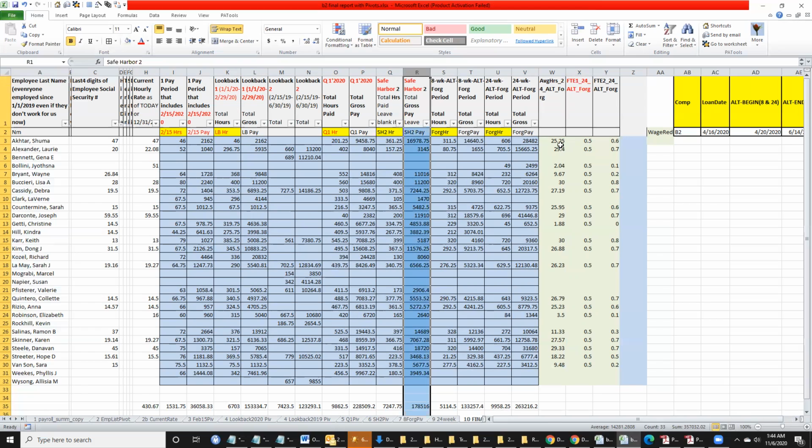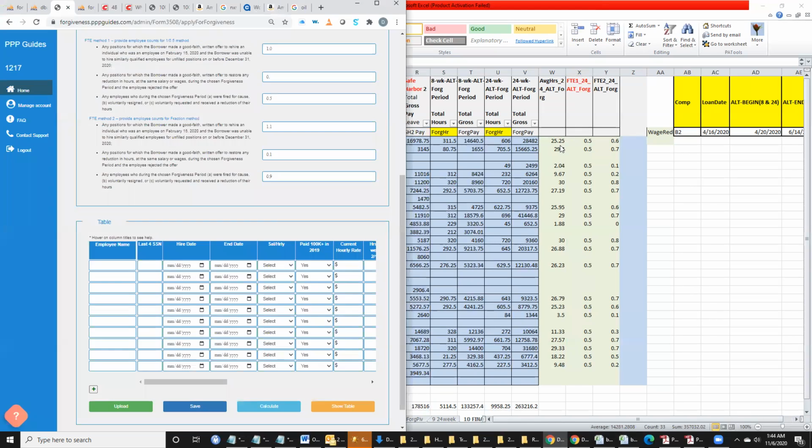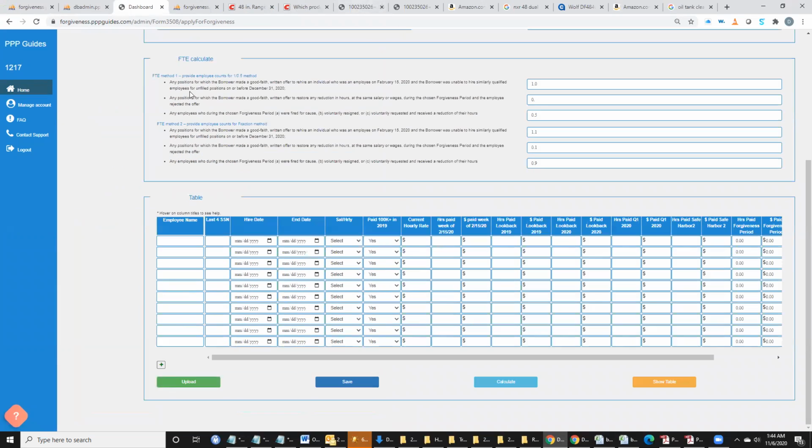Where are we going with all of this? If they were not using our software, if they were trying to do this application by hand, they would need to do something like this. So in our system, if we did not have Excel import, they would just put in the employee name and start putting all of this by hand.